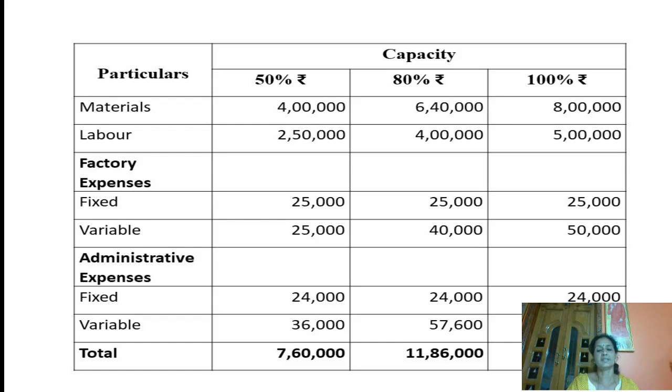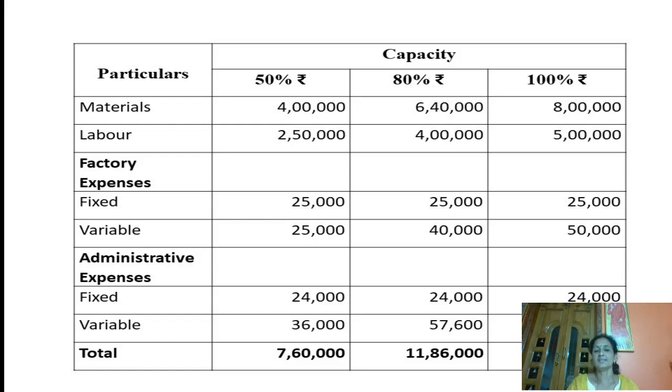For 100%, how much? When you cross multiply, that is 36,000 into 100 divided by 50, you will get 72,000. So that 72,000 has to be taken as variable expenses related to administrative expenses at 100% capacity.